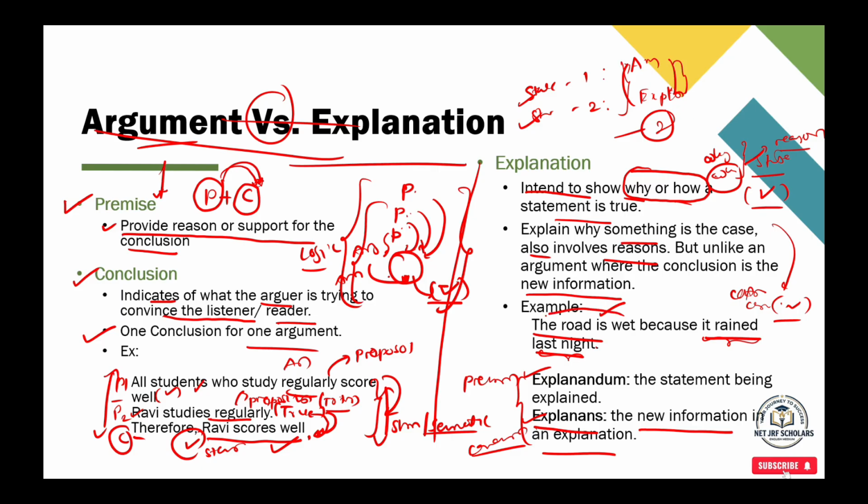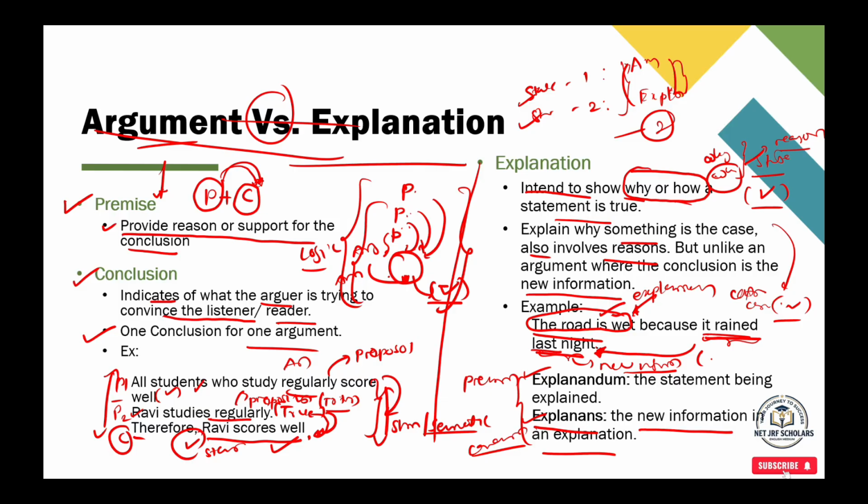The road is wet, it's clearly visible, because it rained last night. So you are explaining the rain that occurred last night by looking at the wet road. This is your explanandum, and it rained last night is the new information.